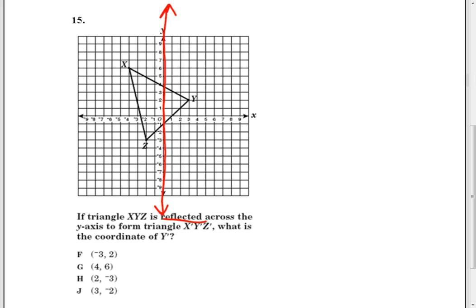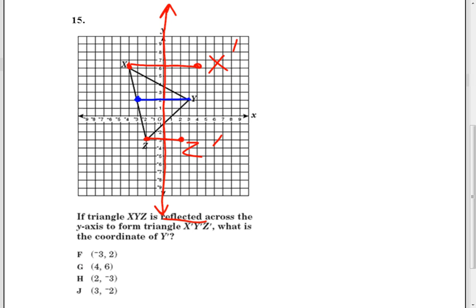And what that means is that the stuff on the left jumps to the right. So X is going to jump over to here. The Z is going to jump over to that side. But the Y is already on the right, it's going to jump to the opposite side. It always jumps to the opposite side of your reflecting line.